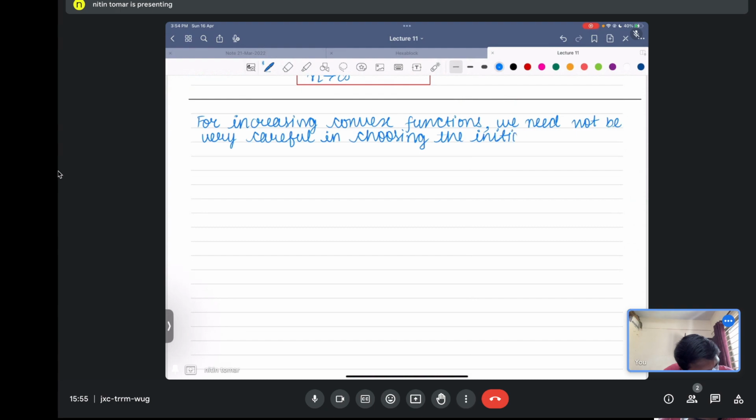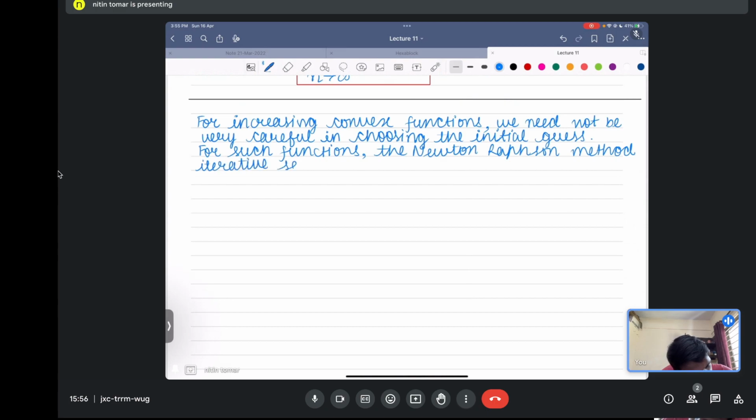In choosing the initial guess, for such functions, the Newton-Raphson method iterative sequence always converges.